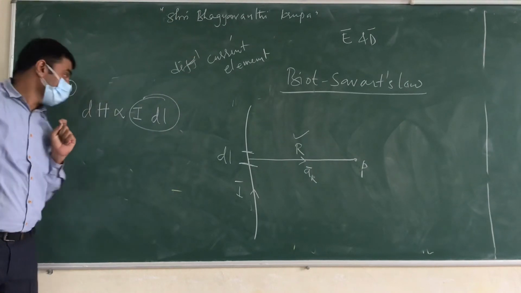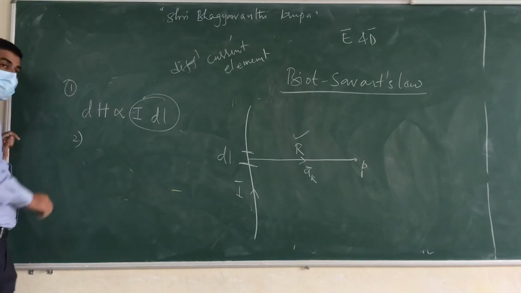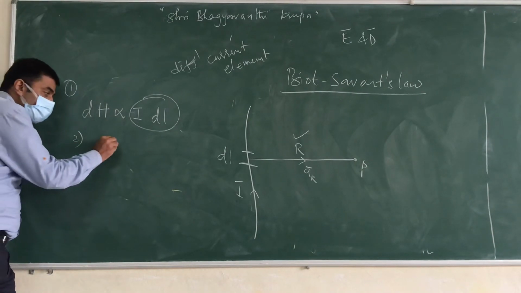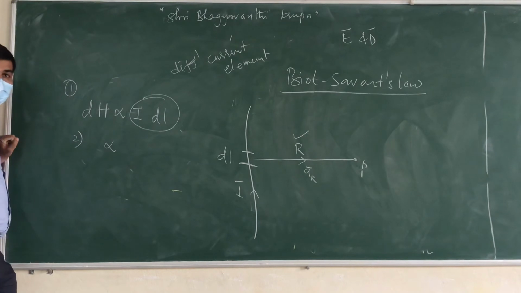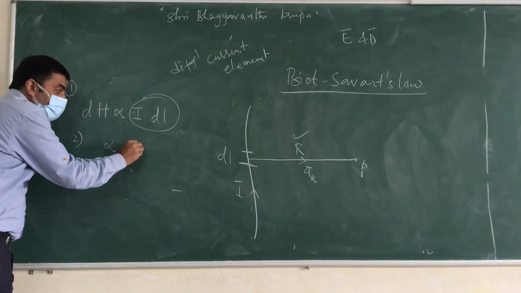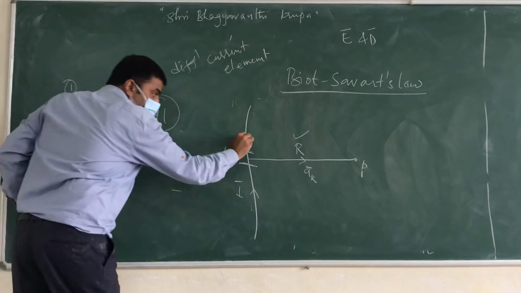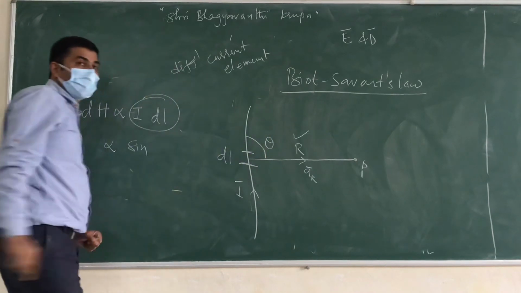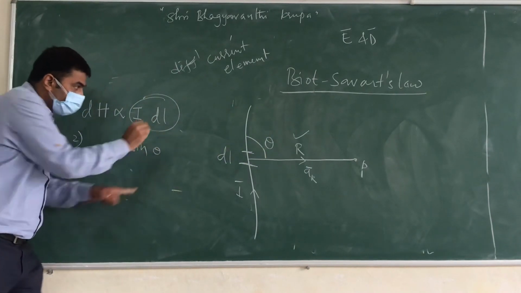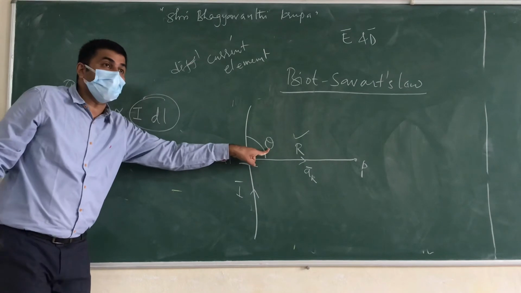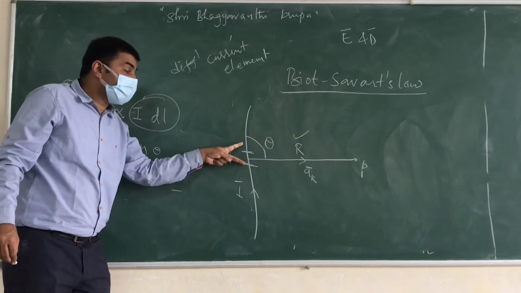Okay? Then second point, proportional to the sine of the angle between the current element and the line joining point P and the current element.